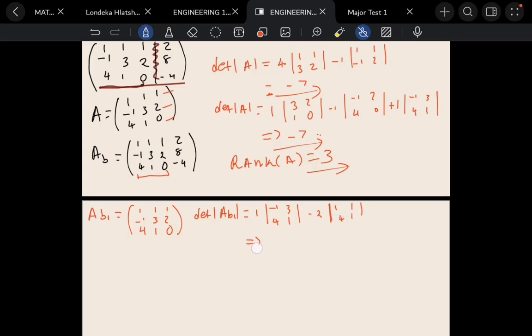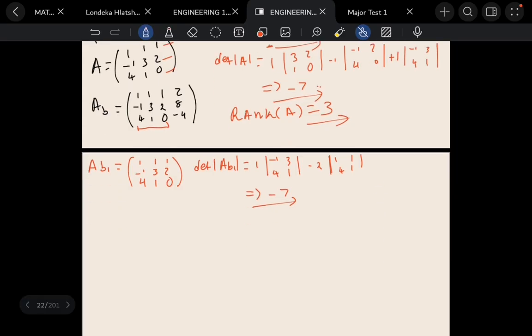Your answer here is still minus 7, because our matrix AB1 has a determinant of minus 7. Ask yourself, where is matrix AB1 allocated? Matrix AB1 is allocated in matrix AB. So the rank of matrix AB is equal to 3.